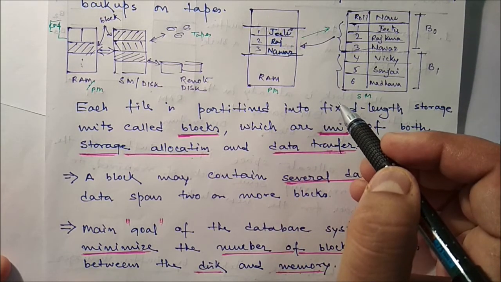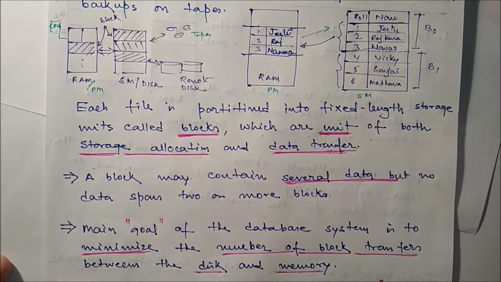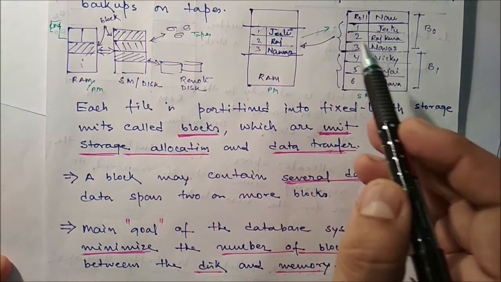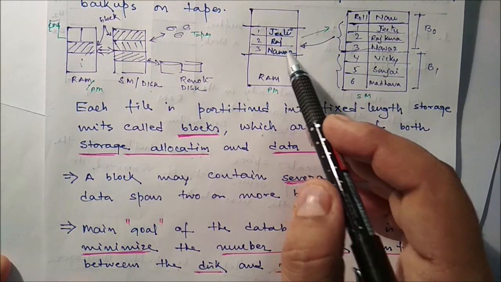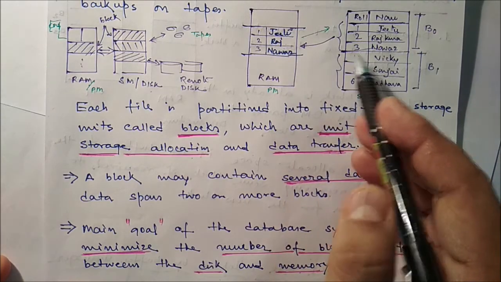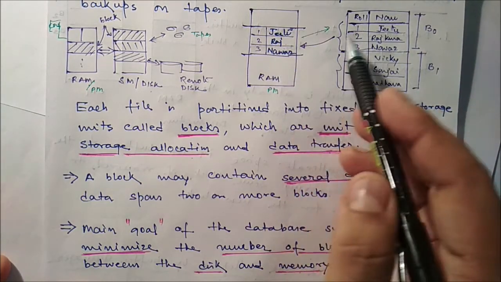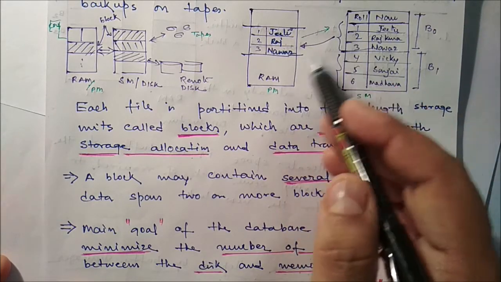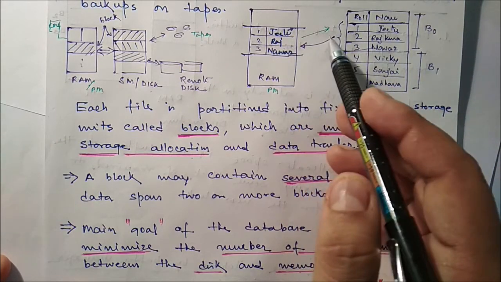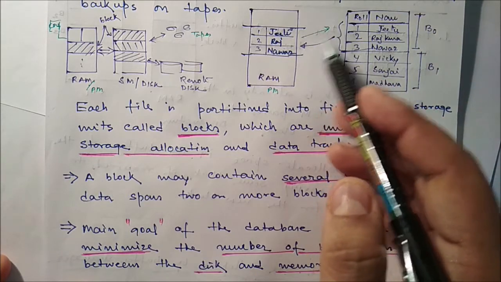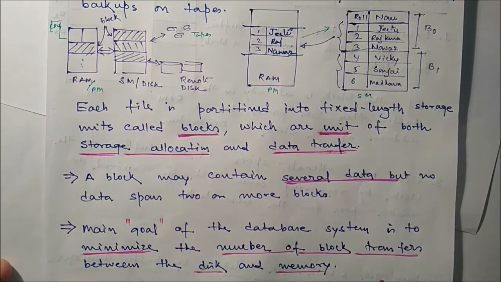So the main objective is to minimize the number of block transfers. Anyhow, swap in and swap out need transfer time. If you can reduce the number of transfers, you can increase the efficiency of the process.